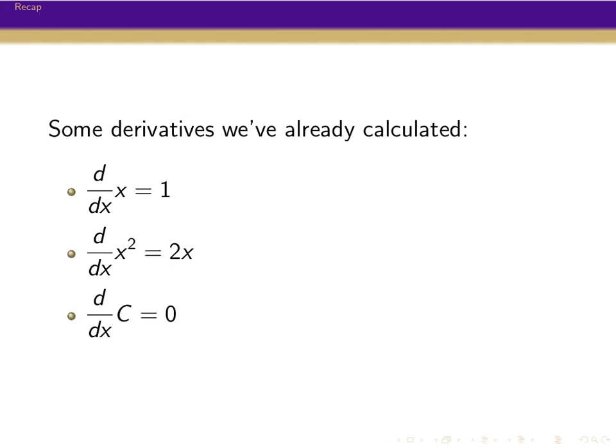So here's some derivatives we've already calculated. If we take the derivative of just x by itself, we get 1, and this should make a lot of sense, right? So if we think about y equals x, it's a line. What's the slope of it? Well, its slope is 1. If we take the derivative of x squared, we end up with 2x.